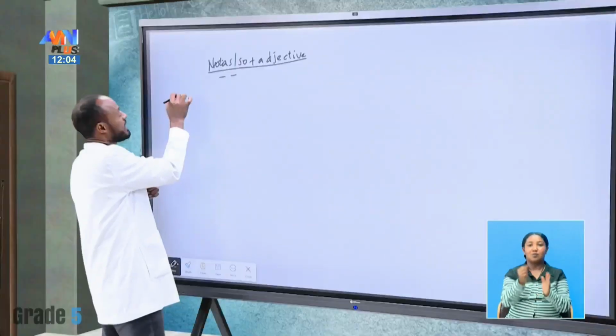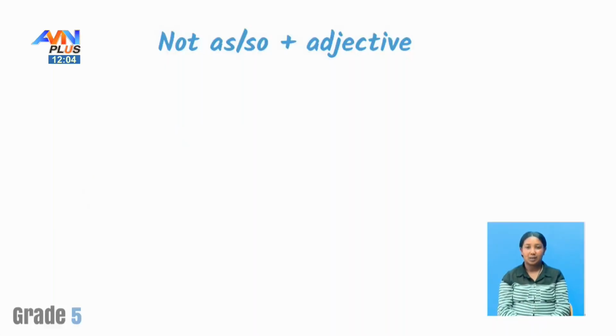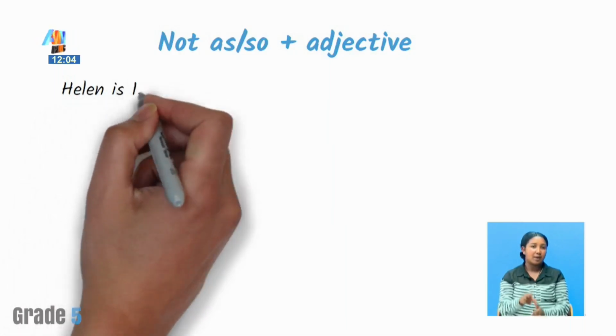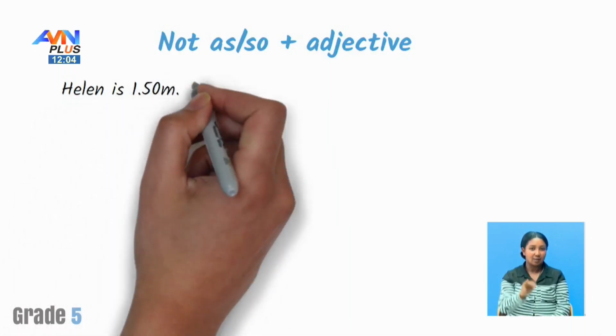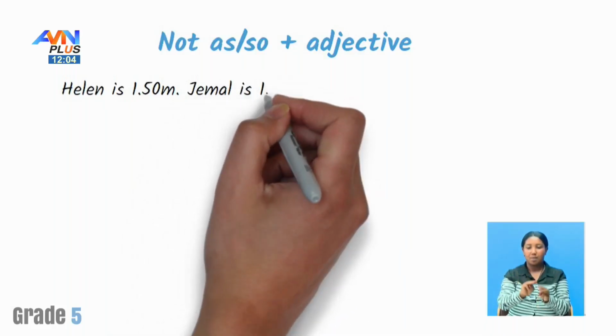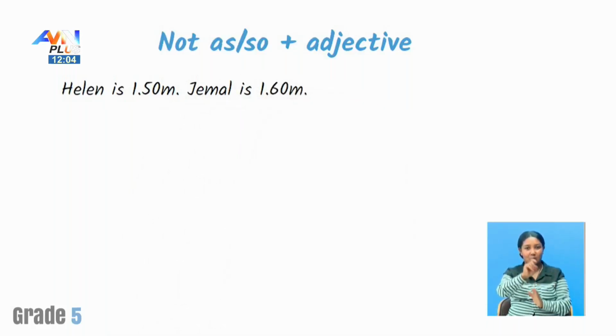For example, here we can say Helen is 1.50 meter. Helen is 1.50 meter.